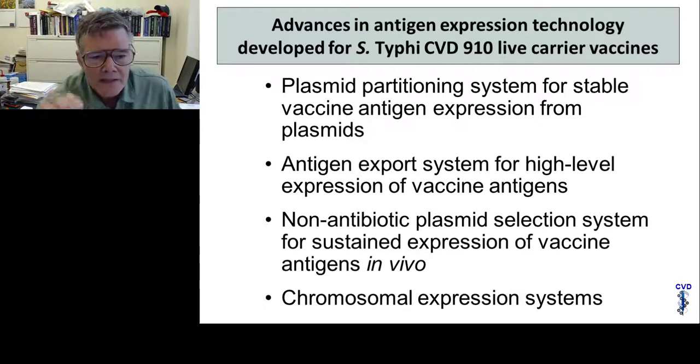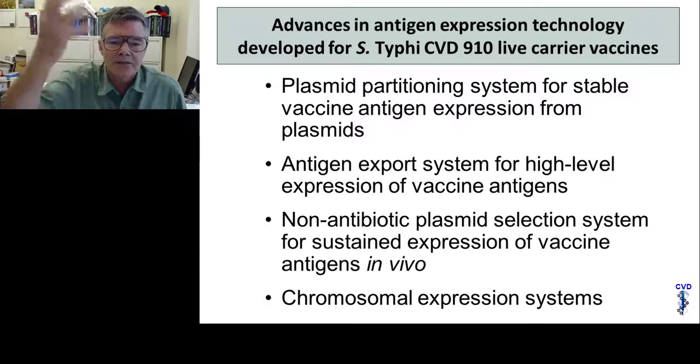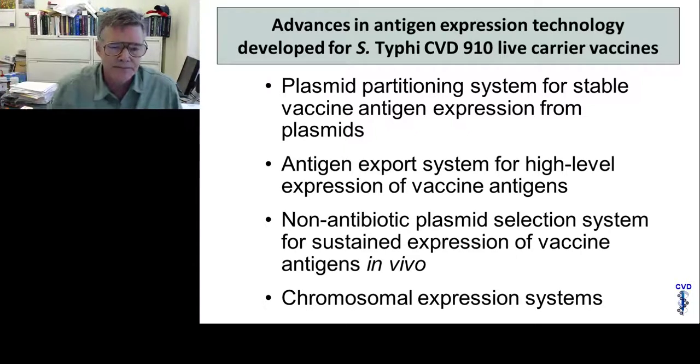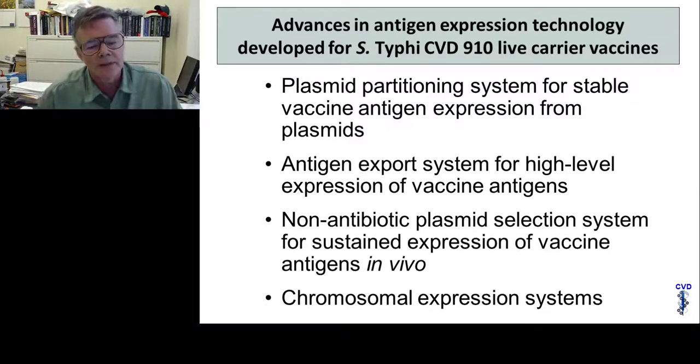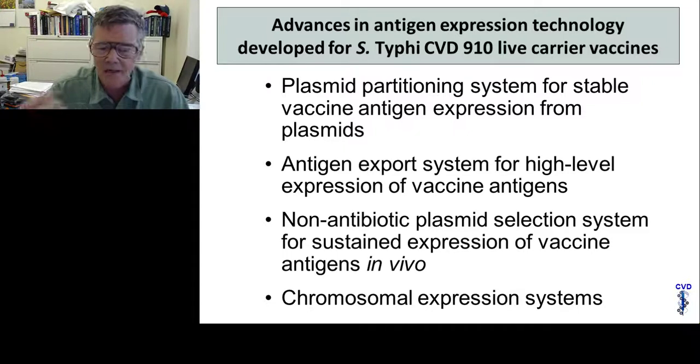The second thing, which we've alluded to, is we need an antigen export system so that we get high-level expression of vaccine antigens on the outside of the cell. The third thing, which I got dragged kicking and screaming into the development of, was a non-antibiotic plasmid selection system. Because in the good old days, when things were very simple, in the laboratory, you can have plasmids in your E. coli strains, and you can select them with antibiotics, and every cell has the plasmid, and it's lovely, and life is grand.